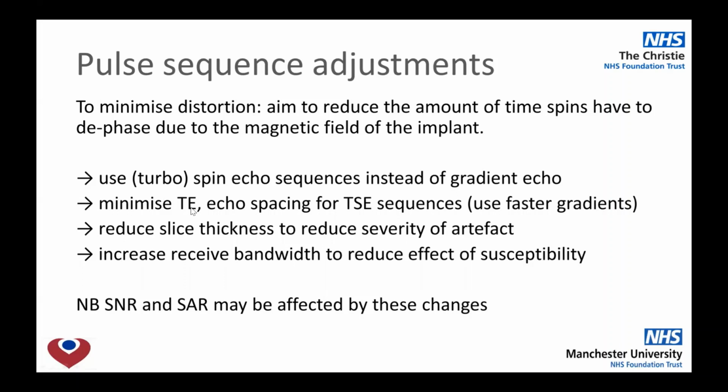It's also advised to minimize echo time and echo spacing for TSE sequences. And for some manufacturers, this is possible to do by enabling the faster gradient option. Reducing slice thickness will reduce the severity of the artifact. And finally, increasing receive bandwidth will also reduce the effective susceptibility, and we'll discuss that very soon. It's very important to note that both SNR and SAR will be affected by making changes such as these.